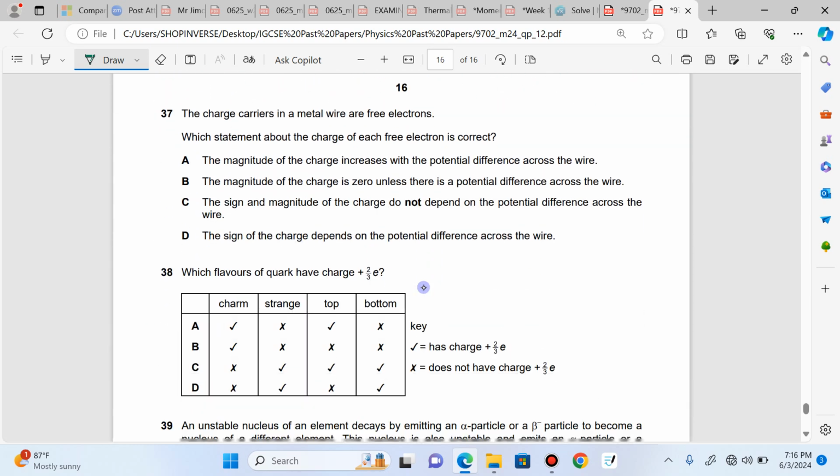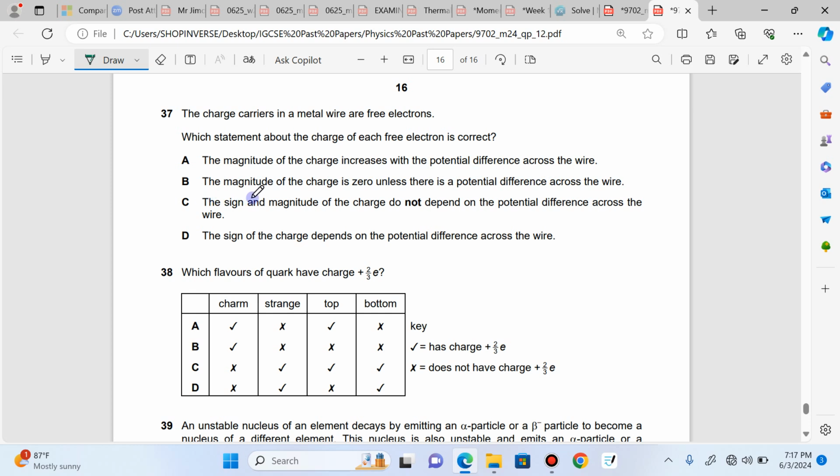Question number 37. The charge carriers in a metal wire are free electrons. Which statement about the charge of each free electron is correct? The magnitude of the charge increases with potential difference. Of course not. The magnitude of the charge is not zero without a potential difference; there will always be charges. That's metallic bonding.